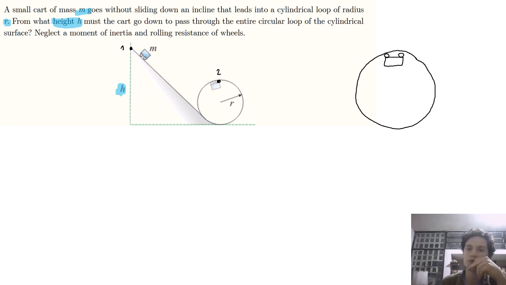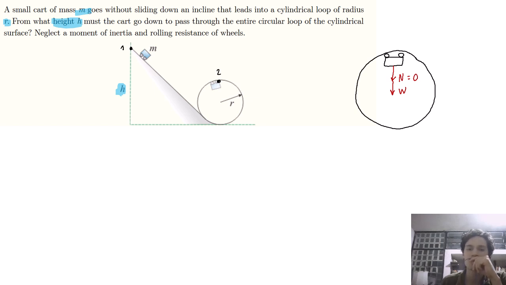The forces interacting with the car will be the normal force and the weight of the car itself. But the normal force, and this is why this point is so important, will be 0 at this point because it's perpendicular to the surface, and the surface is exerting no forces on the car.